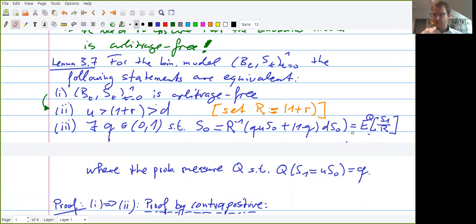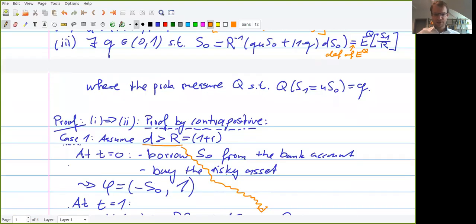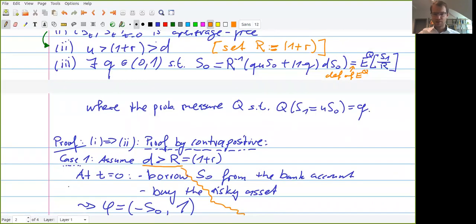So here, there's nothing to prove, because this is just the definition of Q. This is an expected value on a probability space with 2 elements, so there's nothing to do. So we want to check the first one.